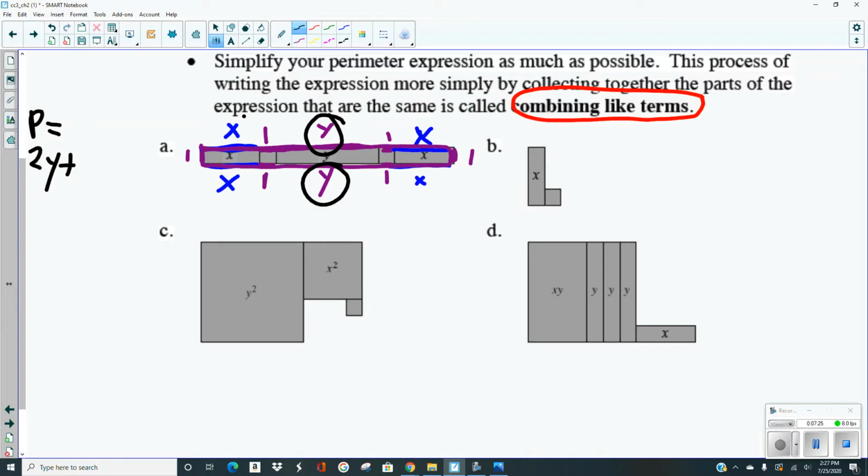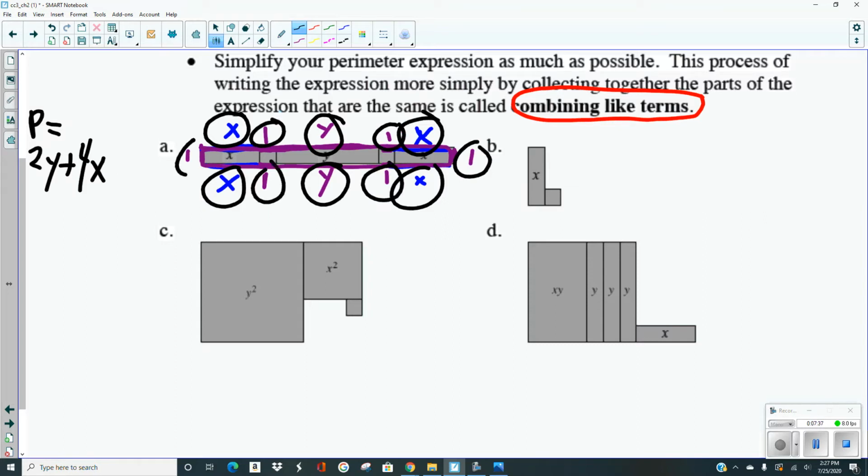We'll move on to my x's. I have x plus x plus x plus x, which is 4x. And then lastly, I have 1, 2, 3, 4, 5, 6 units. So the perimeter for this expression is 2y plus 4x plus 6.